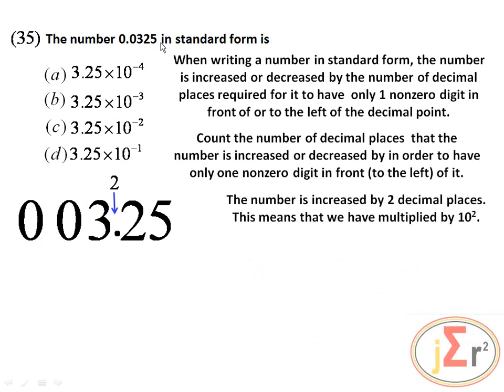Notice that we had 0.0325 before, now we have 3.25. Therefore, this represents an increase of the original. So we need to make an adjustment that will bring it back down to its original value. The number is increased by 2 decimal places. This means that we have multiplied by 10 to the power of 2.